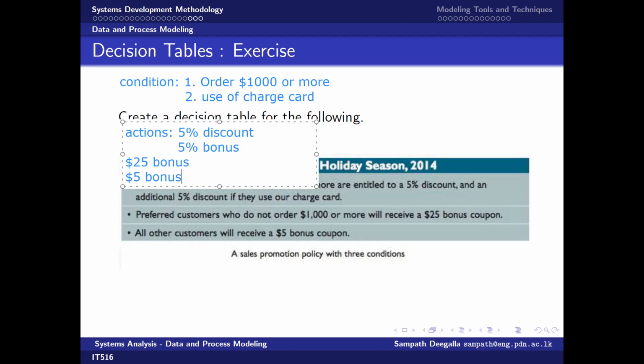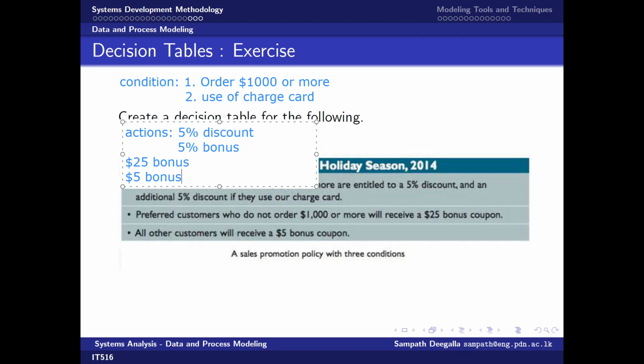And then additional 5% if they use our charge card. Then if you do not order 1,000 or more, they'll receive $25 bonus coupon. All the other customers, then 5% bonus coupon.